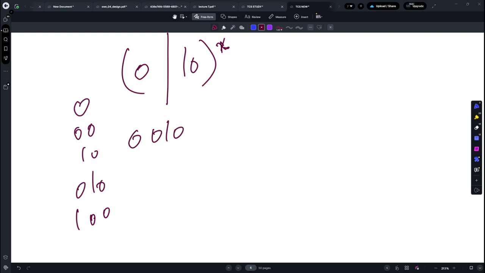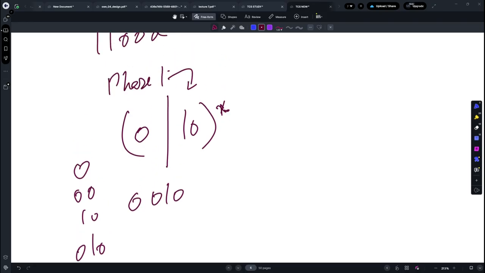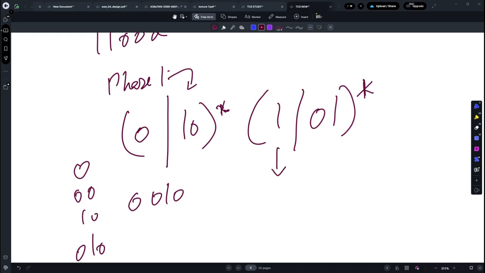Because see how 1 is always concatenated with a 0, and it always finishes with a 0, right? But in the second one, here it's phase 2, where we can say 1 or 0, 1 as many times as you want.